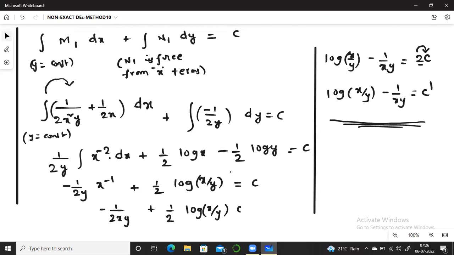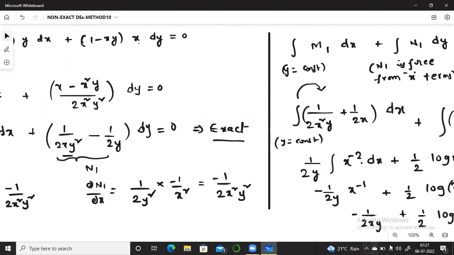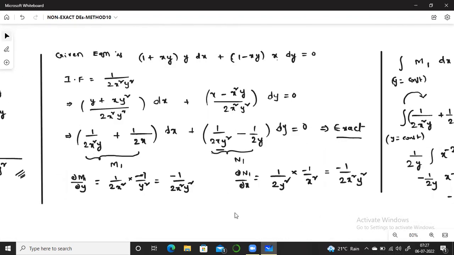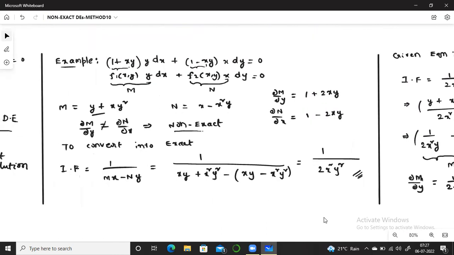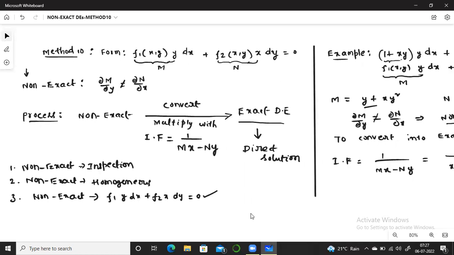This final solution is available in small x and small y only, because your problem is given in small x and small y only. So once again, let me recap everything from the beginning. So now we are seeing method 3.